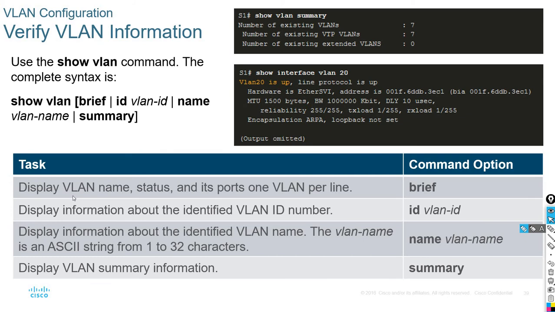These display the VLAN name, status, and its ports on one VLAN per line, brief, and information about the identified VLAN ID number, and the identified VLAN name. For the summary, we use the summary command.